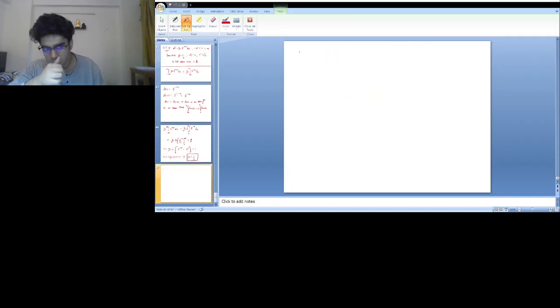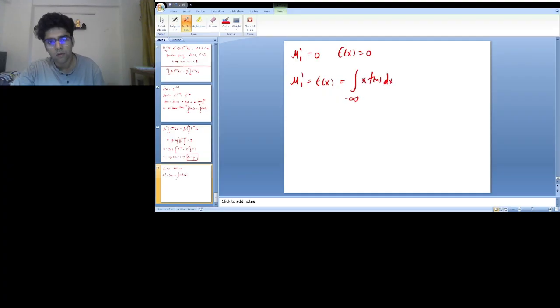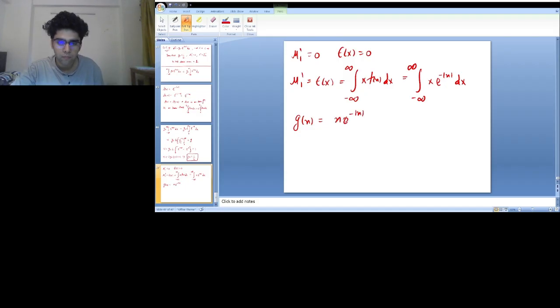Now I need to find the first moment with respect to the origin. This should be equal to 0, therefore E[x] is equal to 0. So finding this, E[x] is equal to the integral from minus infinity to infinity of x f(x) dx. Now x into f(x) is x e to the power minus mod x. Let my function be g(x), so g(x) is x e to the power minus mod x.